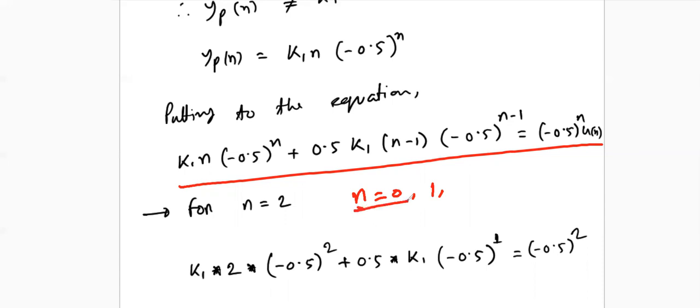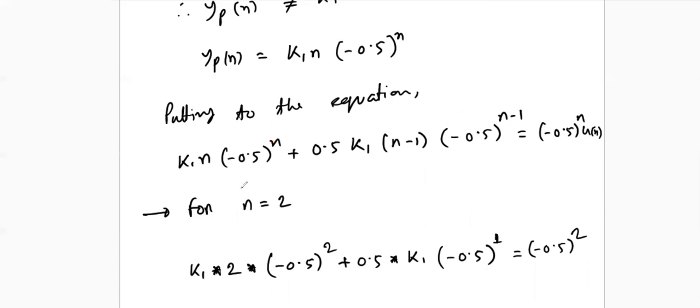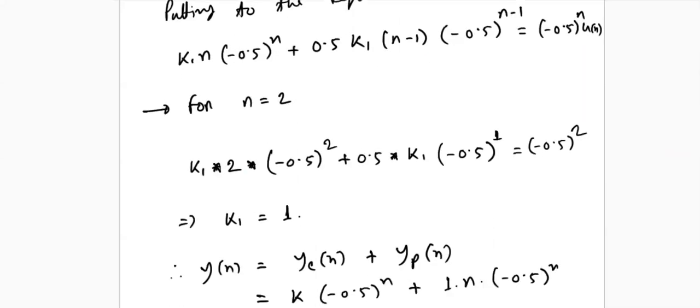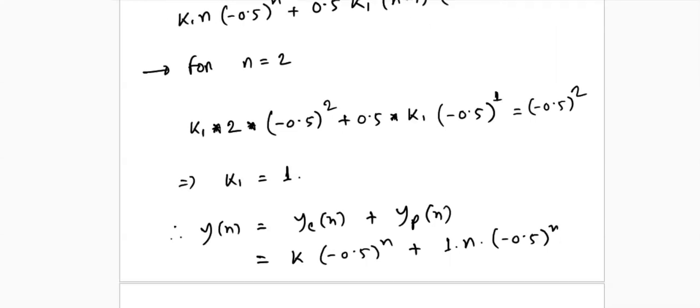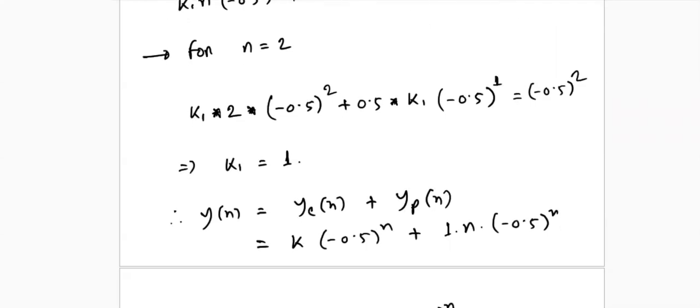For example, if you put n equals 0, this term goes to 0. If you put n equals 1, this term goes to 0. But if you take n equals 2, all the terms will survive. That's why we need to take n equals 2, and by putting in that value you will find k1 equals 1.